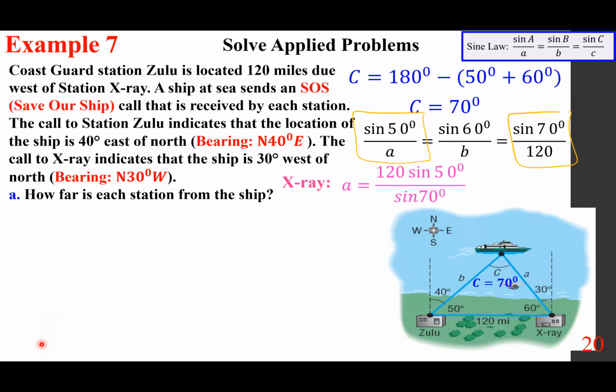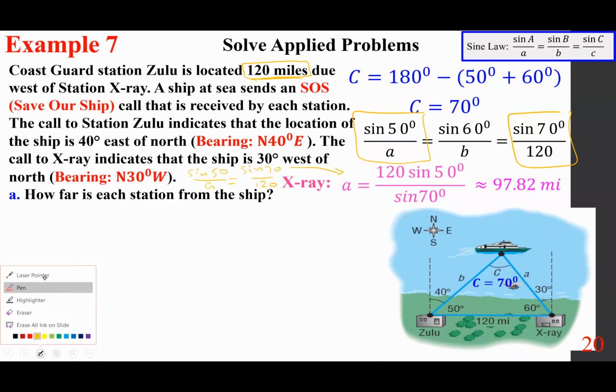Maybe I write this quickly so everybody can see that I'm using sine 50 over A equals sine 70 over 120. Cross product gives me this. Calculator gives me 97.82, and I use the same units. This was 120 miles, so the units are miles.